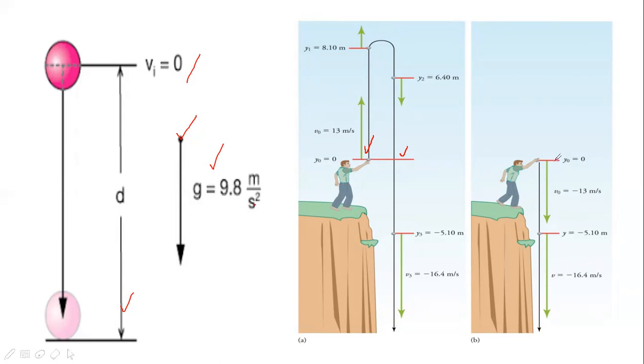From this point, the body is lifted, so it will hit the ground with the same velocity, as in diagram A and B. At this point, at this point, and at this point, the body will have the same velocity. Because velocity is a vector quantity, if you take positive in the upward direction, it will be negative in the downward direction.